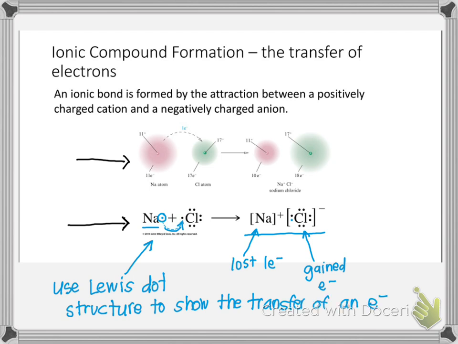So I have asked students to do this before, sometimes on the exam, sometimes in an extra credit option. So I'd like you to pay a little attention to try to get a visual understanding of what's happening when the electron is transferred.